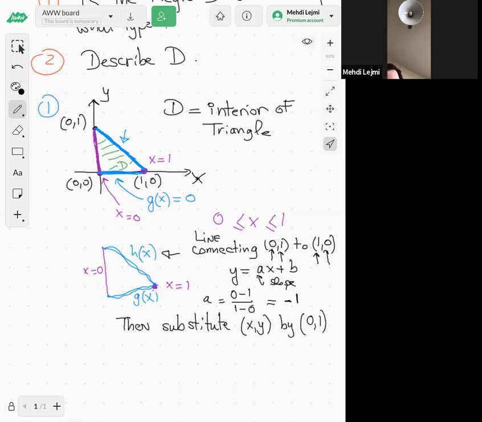Then you're going to have y, which is 1, equal to a, which is -1, times x, where x is 0, plus b, right? So then b is 1.